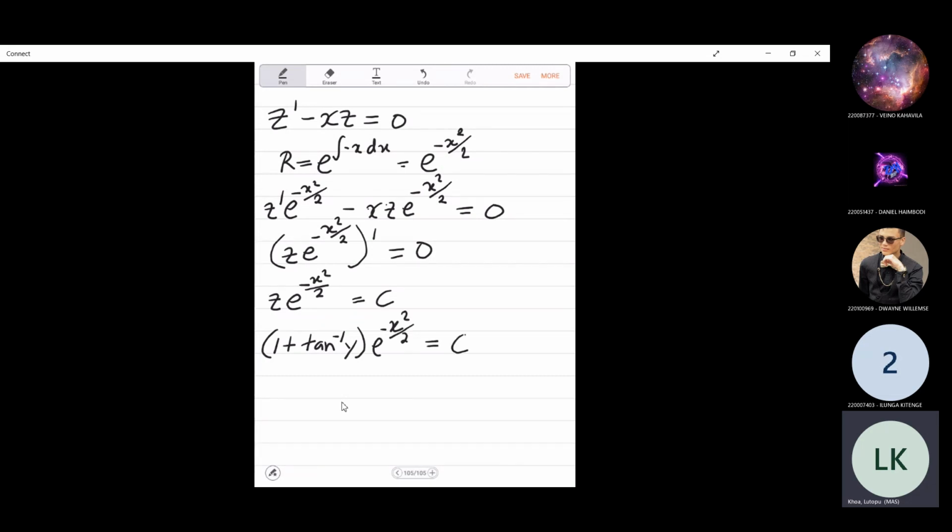This is equal to c. So we can divide by e to the power of minus x squared over 2 on both sides. 1 plus tan inverse of y is equal to c times e to the power of minus x squared over 2. And then that is your solution.